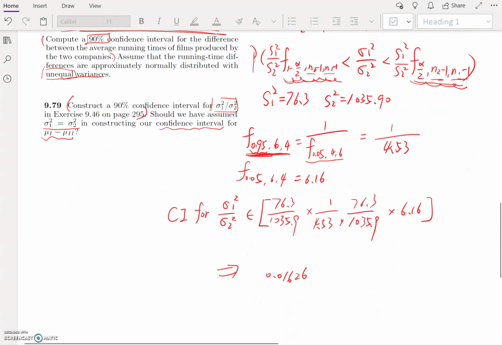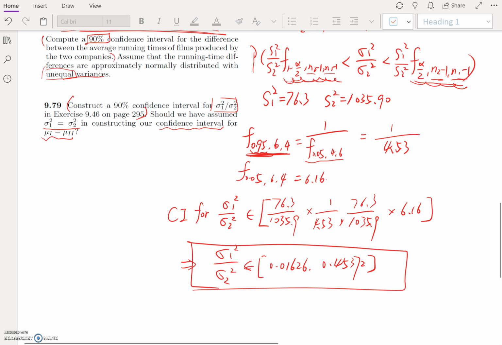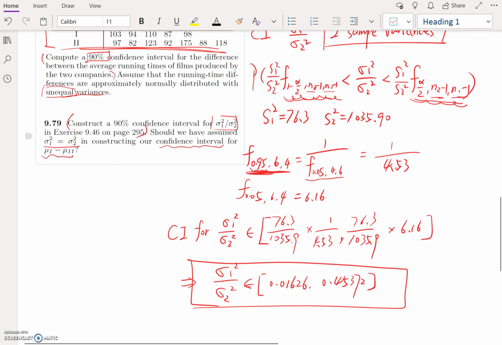So this value equals 0.01626, 0.45372. Then we have the answer for this problem. That's for today. Thanks for watching.